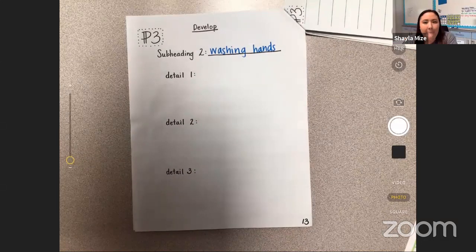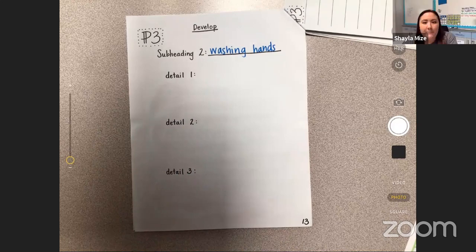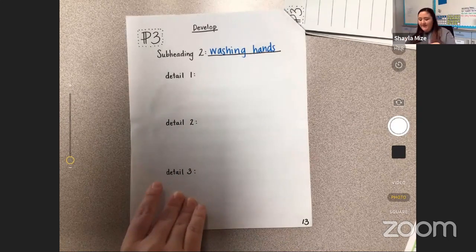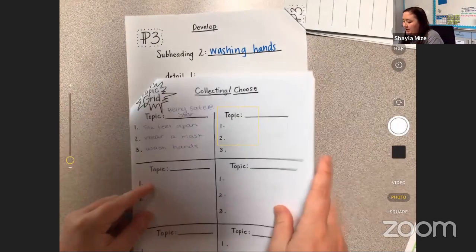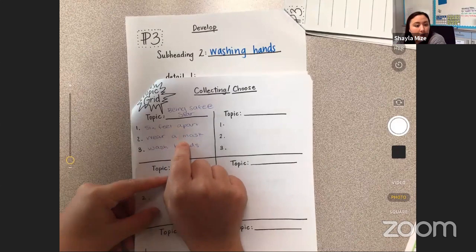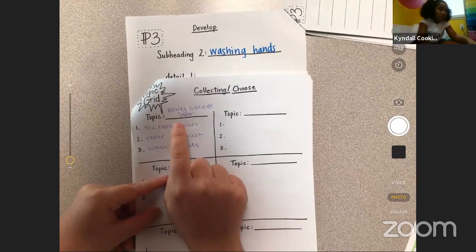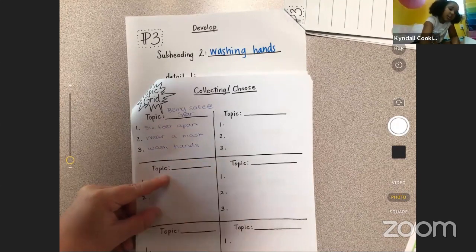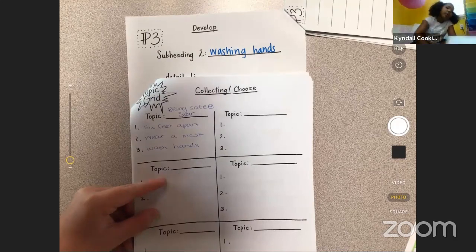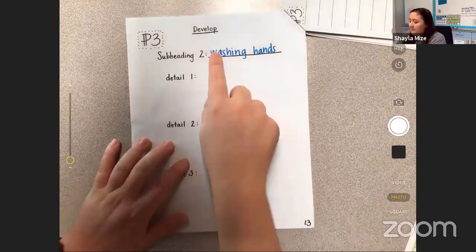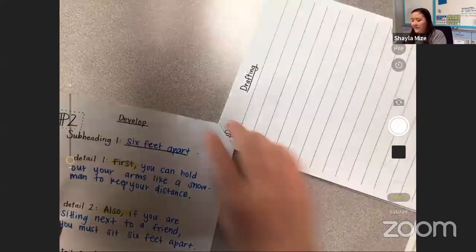Miss Mize, yes, Kendall. I'm confused. Okay. On page 10, what are your 3 topics? My 3 topics are how to play, how money works in the game within Roblox. Okay, so your number 1, go to page 11.